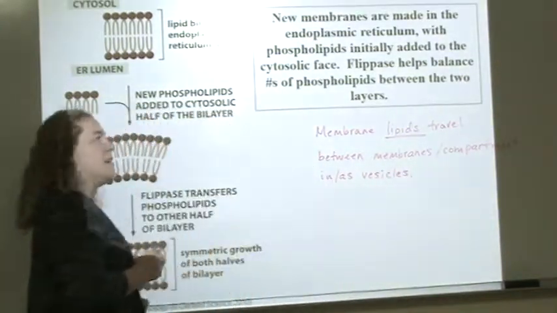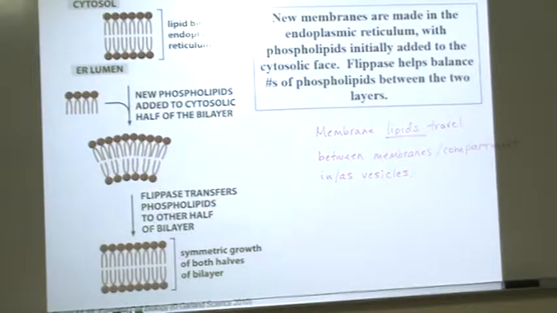And the place where cells make membrane lipids is in the ER. If you think about the ER as this large blobby network of membrane, the inside of it is the lumen. That's an important word to know.